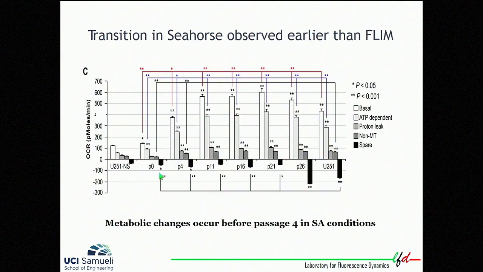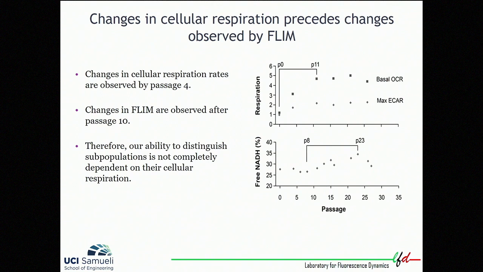If we look at the OCR, or the oxygen consumption rate, the change in metabolic respiration also happens, transitioning at passage 4 conditions. So the changes in cellular respiration here, increased respiration in the basal OCR and the max ECAR, transition between passage number 0 and 4.